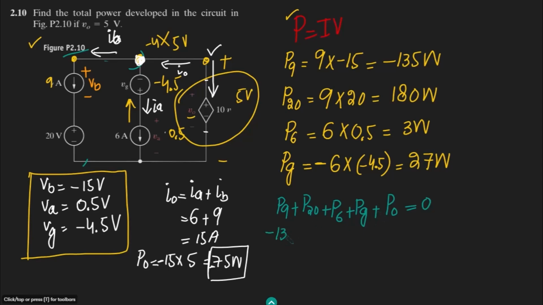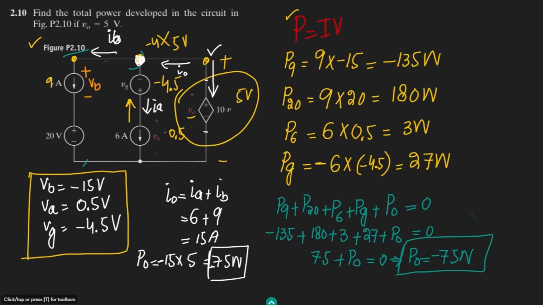So let me put them here: minus 135 plus 180 plus P6, which is 3, plus 27 plus P naught, that is equal to 0. Or here, adding them all together, we will see that it will be 75 plus P naught equal to 0, which will ultimately give me P naught equal to minus 75 watts, which also shows the developing nature of this dependent source.